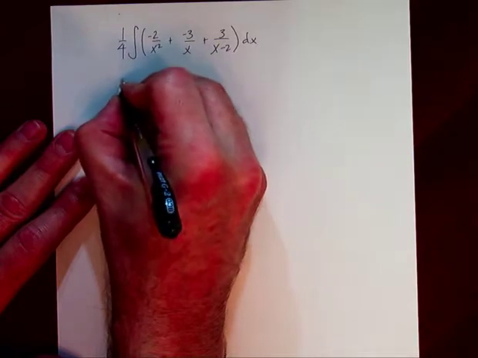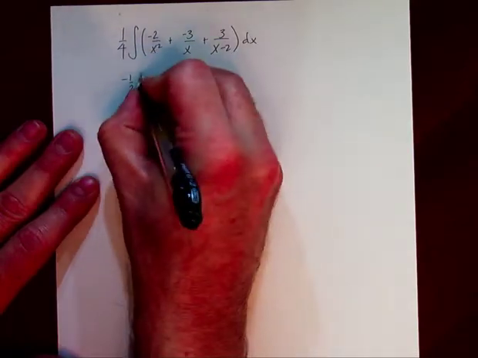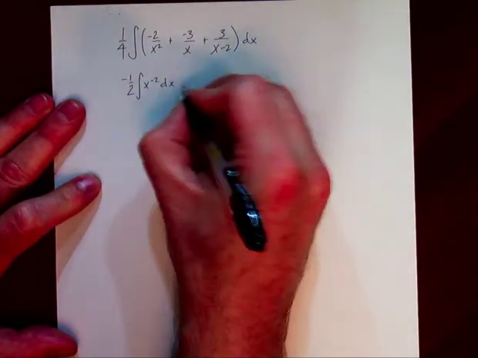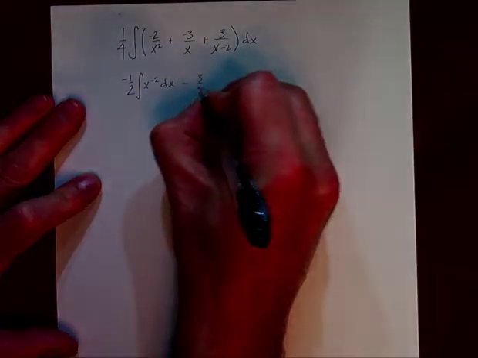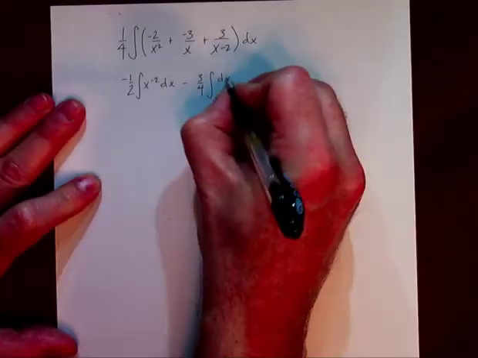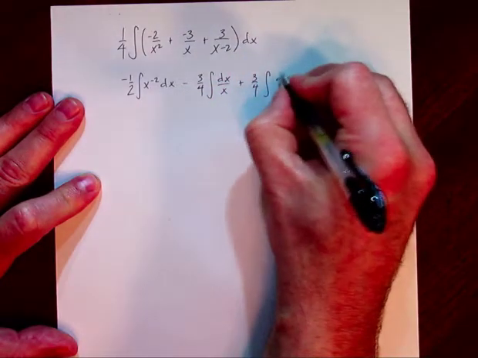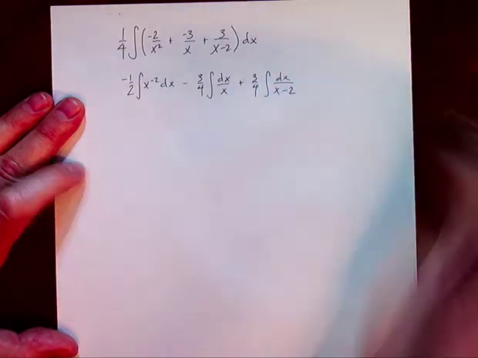And of course, let's just pull it into its separate integrals, and we get negative 2 over x squared dx minus 3/4 the integral of dx over x plus 3/4 the integral of dx over x minus 2.